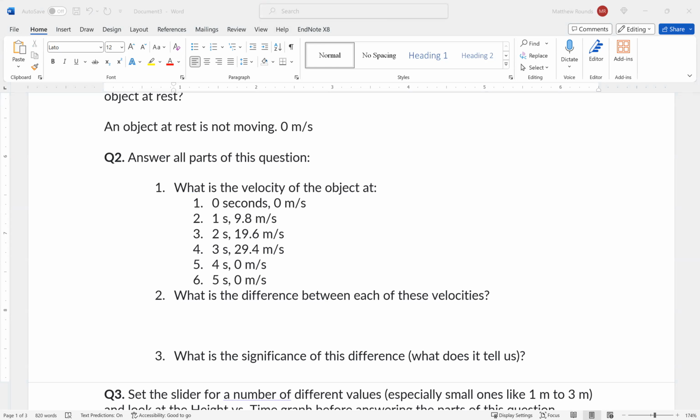What's the difference? Numerically, what's the difference between each of those 4 values? What's the difference in them?